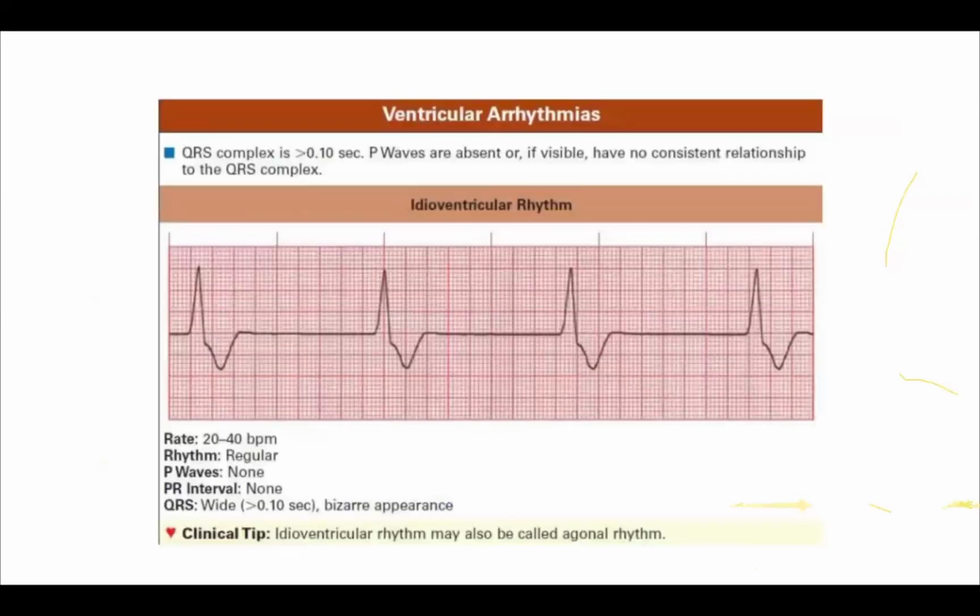Remember, the ventricular escape rhythm is also called just idioventricular rhythm, not accelerated, where the sinus node is not functioning at all. Usually, when there's severe sick sinus syndrome, the AV node takes over, but sometimes the AV node is also involved in the fibrosis process. So sometimes people come with ventricular escape rhythm.